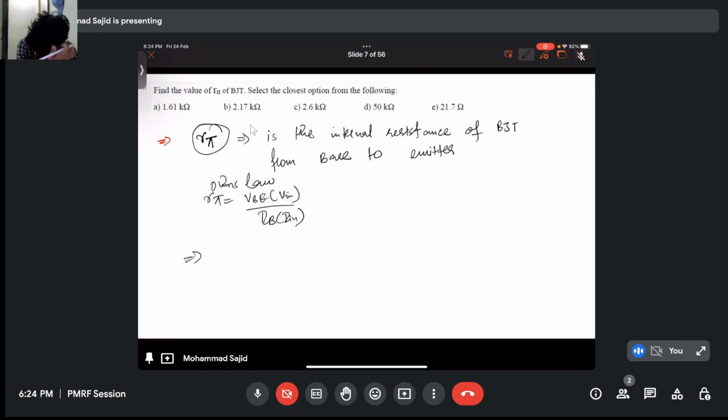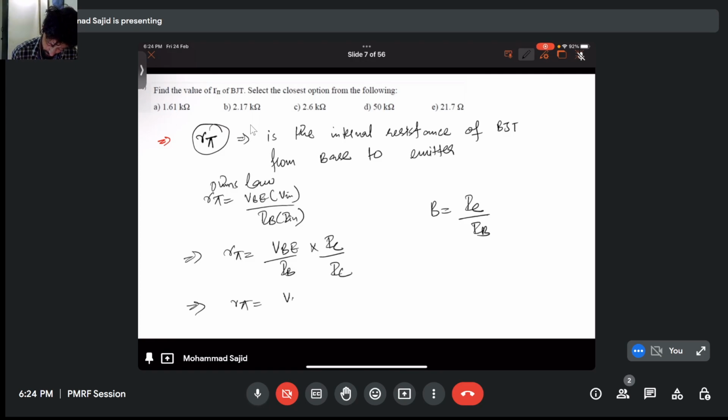Okay, so now we can define R pi as VBE by IB. If I multiply and divide by IC, you know beta is IC by IB. So my R pi will be equivalent to VBE by IC, okay, into beta.